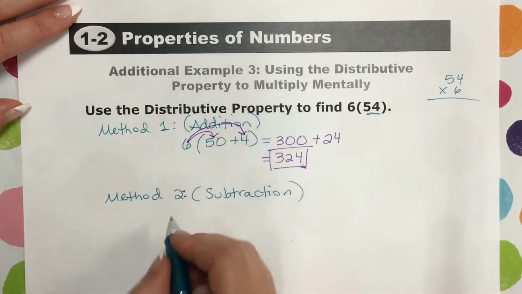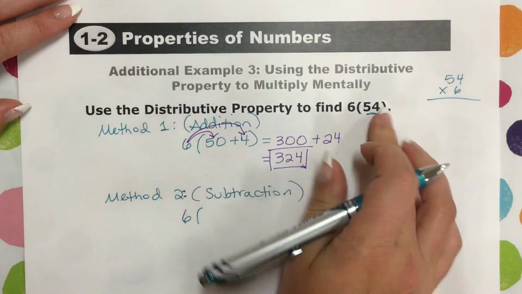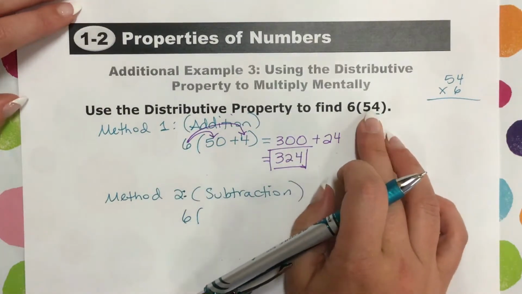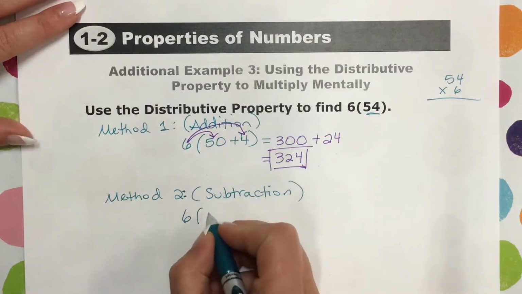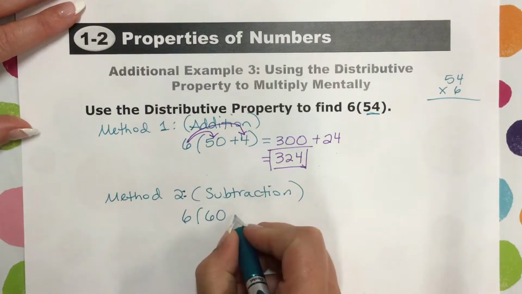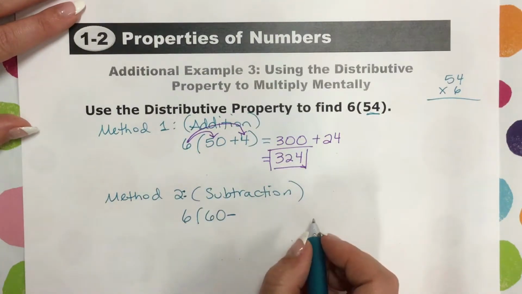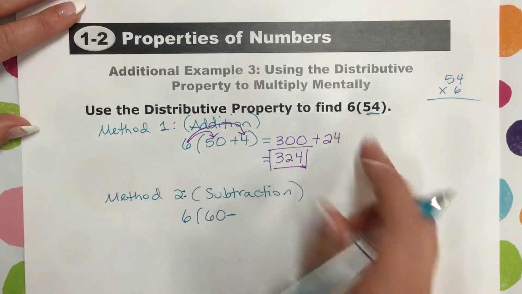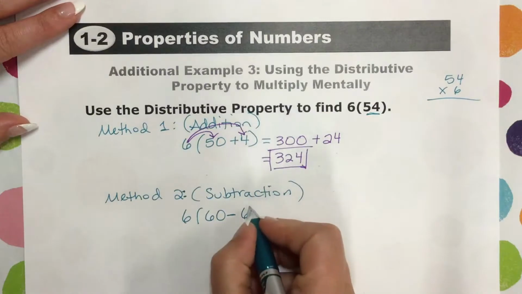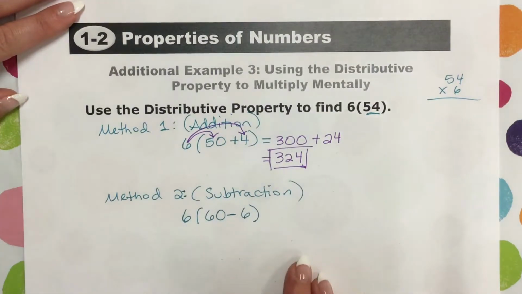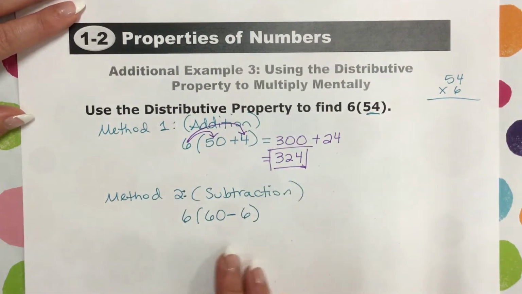I'm going to rewrite this 6 times just like before, but we're going to rewrite this 54 using subtraction. And what I'm going to use is 60 minus 6. 60 minus 6 is the same thing as 54. So we're just rewriting it.